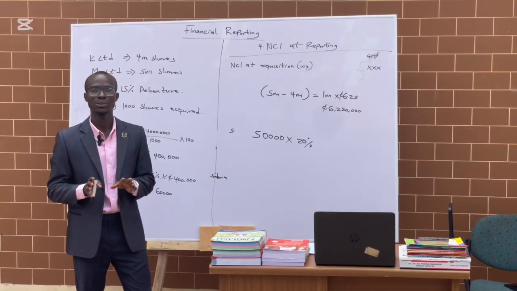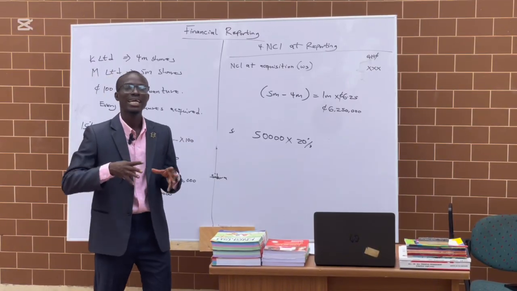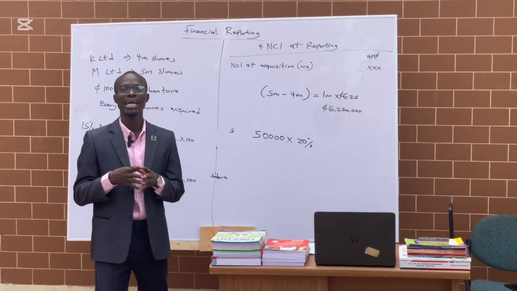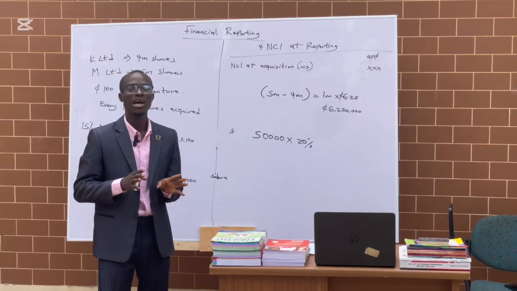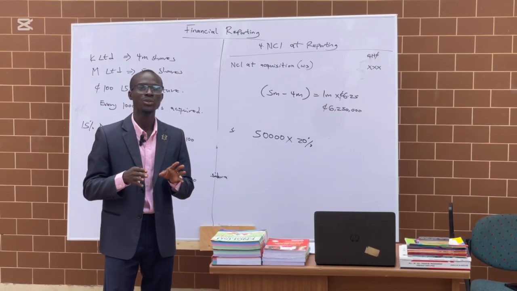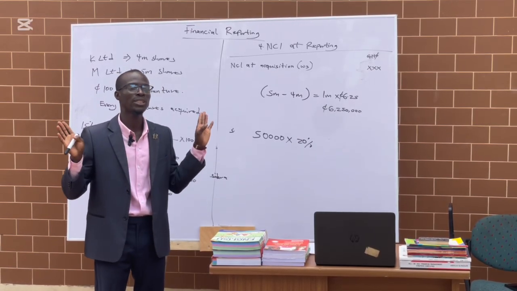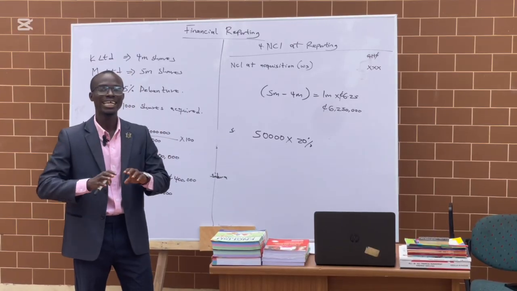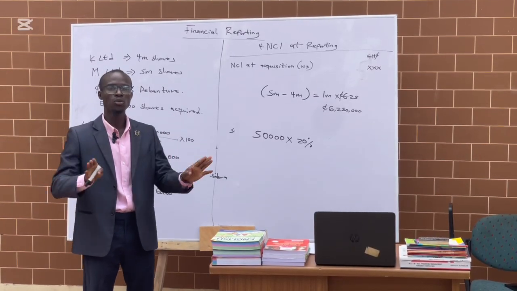But in a case where the parent values the NCI through proportionate, any impairment in goodwill is borne only by the parent. It won't be shared.